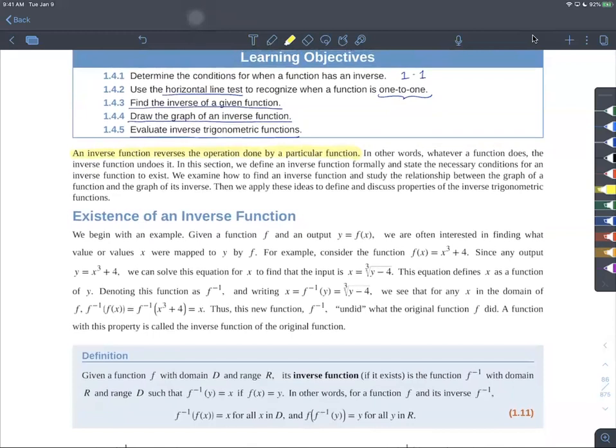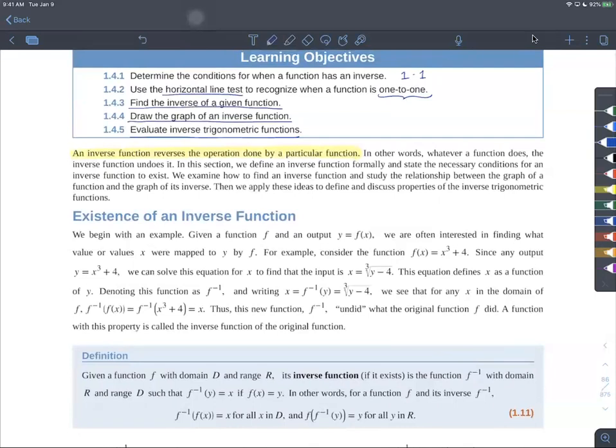Given a function f and an output y equals f of x, we are often interested in finding what x values are mapped to y by f. For example, consider the function f of x equals x cubed plus 4. Since any output y equals x cubed plus 4, we can solve this equation for x to find that the input is x equals the cube root of y minus 4.